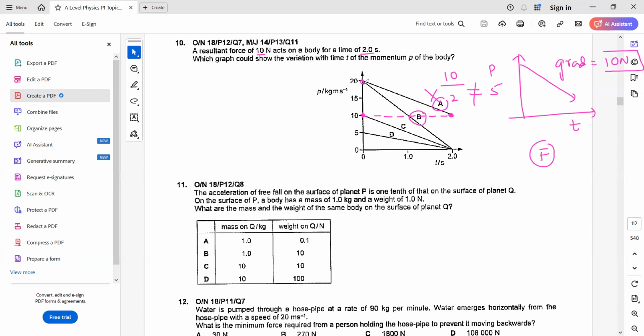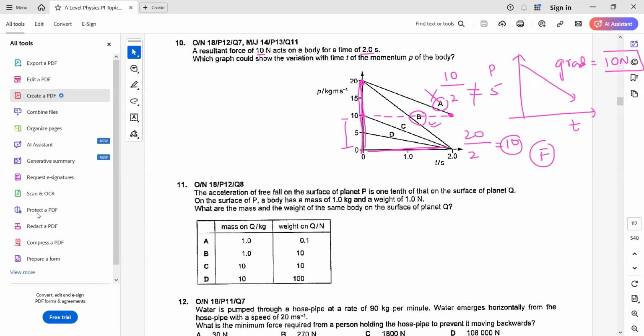Let's try B. Change in momentum for B, that's 20 divided by 2, which is 10. So I'll go with B. If you see C, it's 10 over 2, which is 5, which is not 10. And D, it's 5 over 2, which is 2.5, which is still not 10. So I'll go with B.